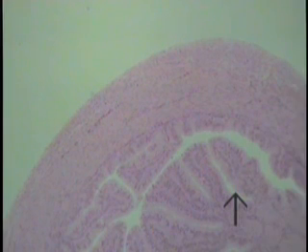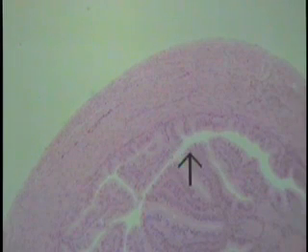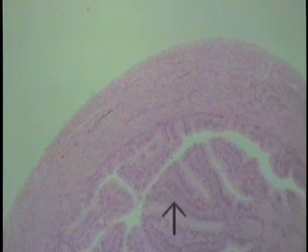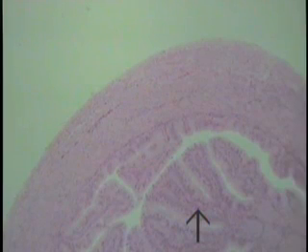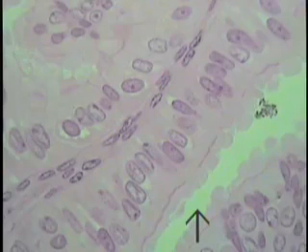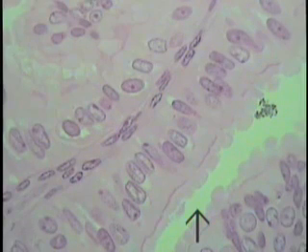This is a section of the oviduct. Once again, the lining epithelium would be located within the luminal surface, and we'll see that once again it is a form of simple columnar lining epithelium. Examine this at increased magnification. This is the simple columnar lining epithelium lining the oviduct.